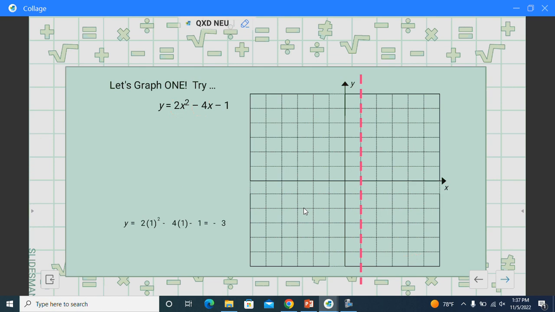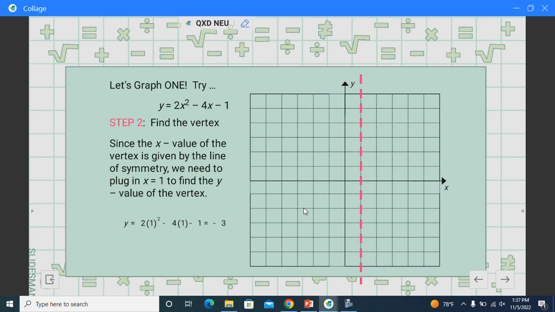Next, let's find the vertex. Since the x value of the vertex is given by the line of symmetry, we need to plug in x is equal to 1 to find the y value of the vertex. So let's plug x is equal to 1 into the original equation.